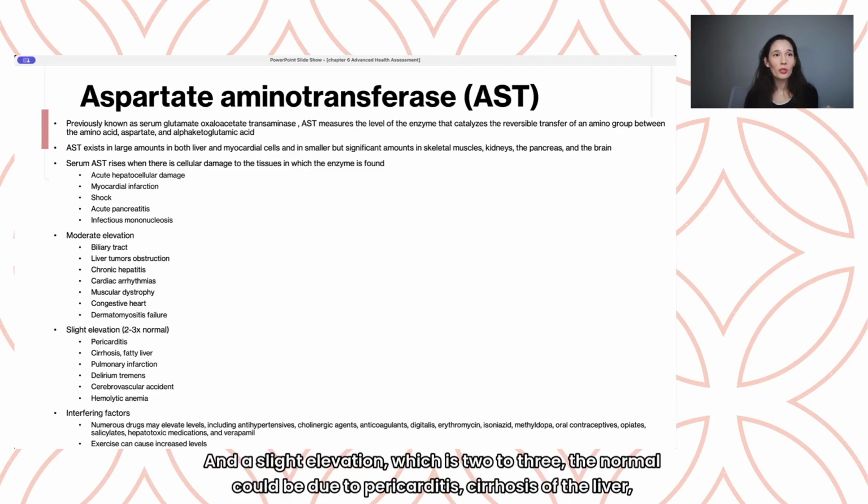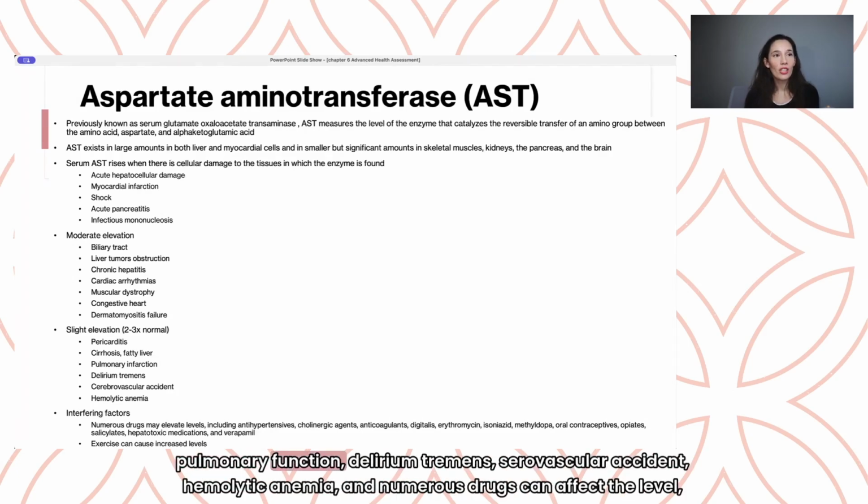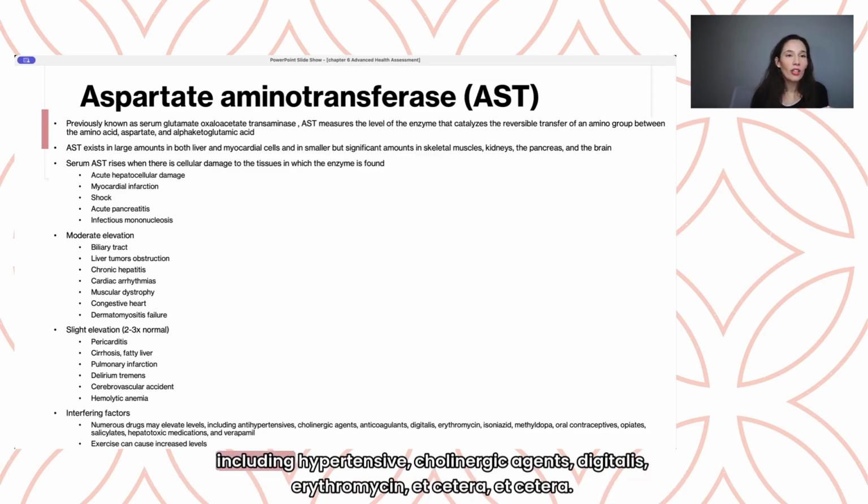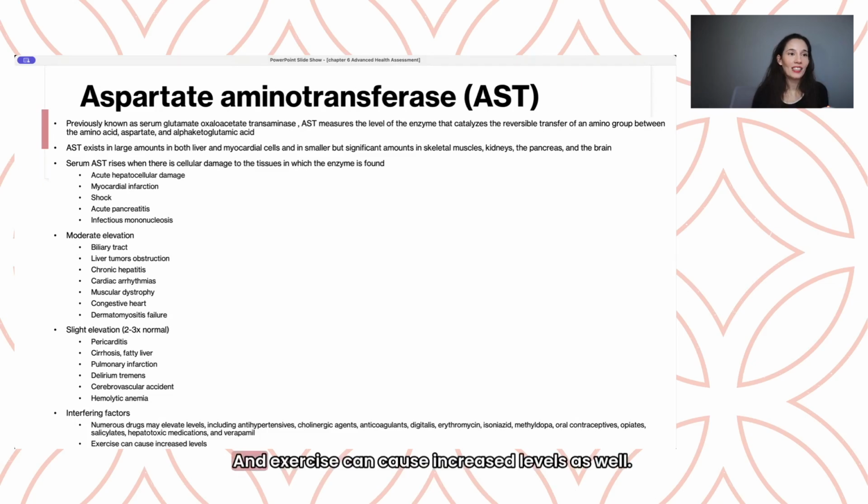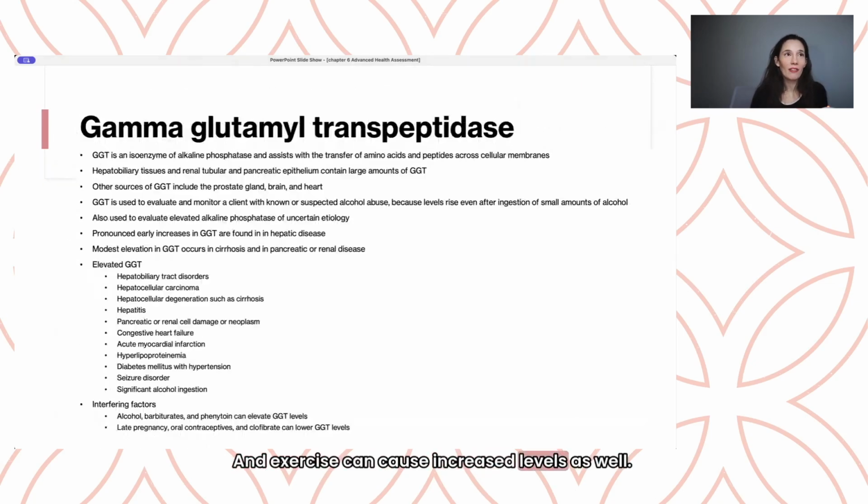And a slight elevation, which is 2 to 3 times the normal, could be due to pericarditis, cirrhosis of the liver, pulmonary function, delirium tremens, cerebrovascular accident, hemolytic anemia, and numerous drugs can affect the level, including hypertensives, cholinergic agents, digitalis, erythromycin, et cetera, et cetera. And exercise can cause increased levels as well.